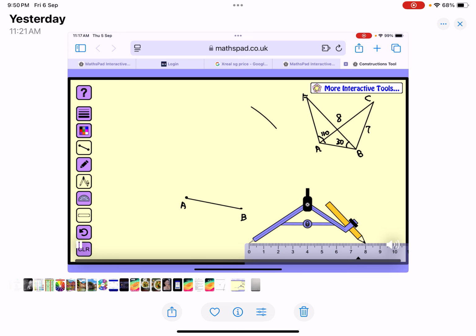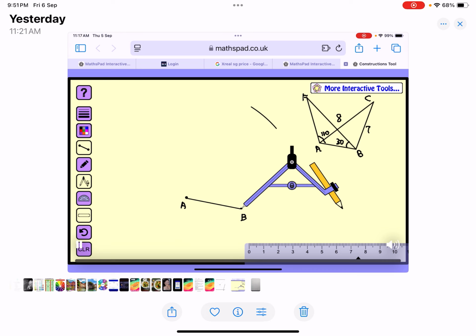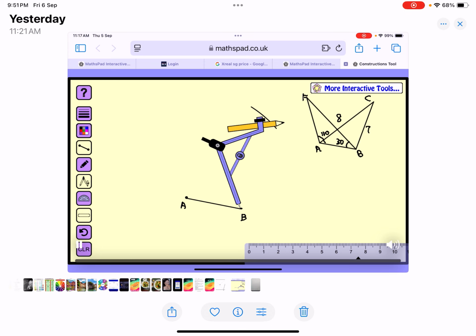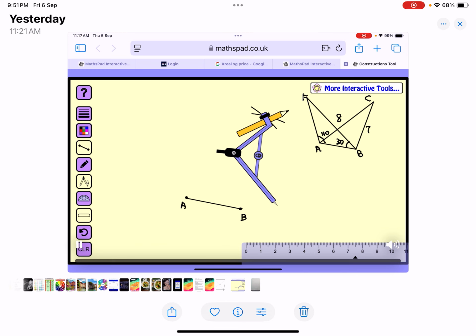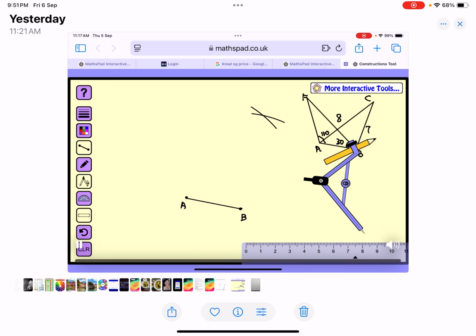So we take a measurement of 7 cm, transfer it to the point B, and mark an arc of 7 cm. Now we have the point C, which is 7 cm from B and 8 cm from A.